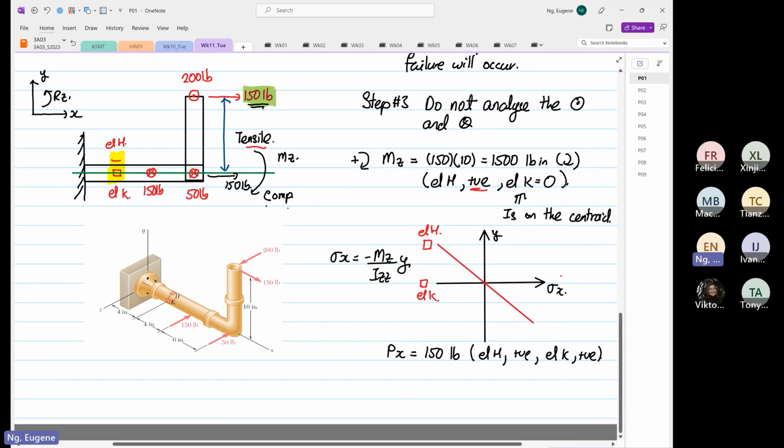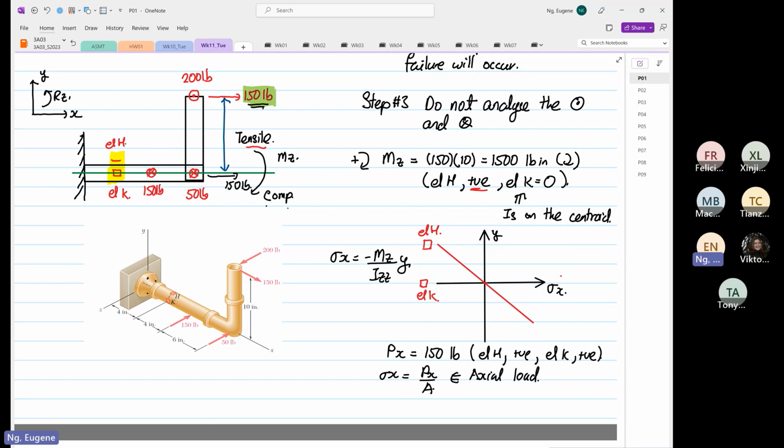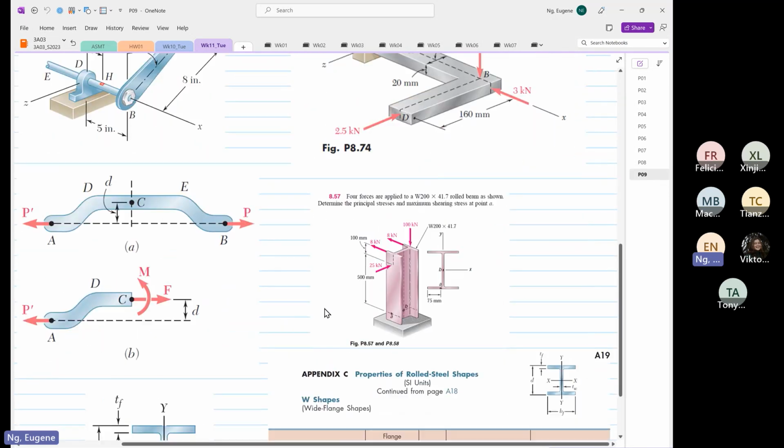Because over here Px will induce a stress X equal to Px over A. So this is due to axial load. Now some of you might ask me, Eugene, why will the 150 transfer down? The reason, as you can remember, is due to what we have over here.